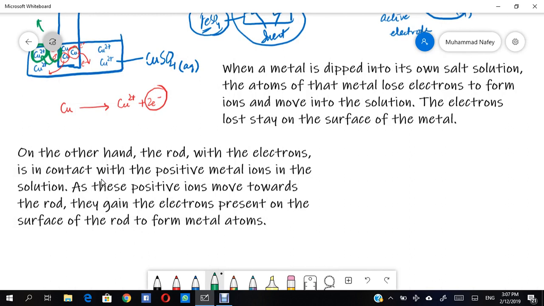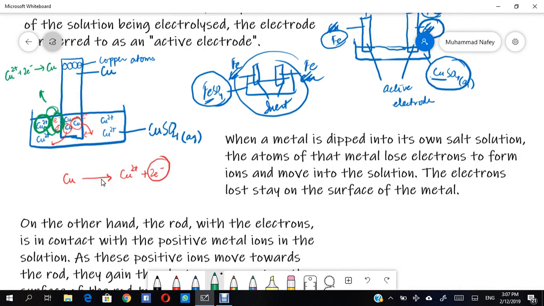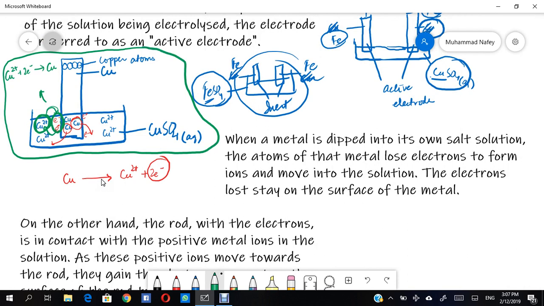So all in all, in this apparatus that we just drew, there is no net change in the structure of the rod. Why? Because if copper atoms are being lost as copper ions, then copper ions are becoming copper atoms and replacing the atoms that were present initially in the rod and were lost in the solution.